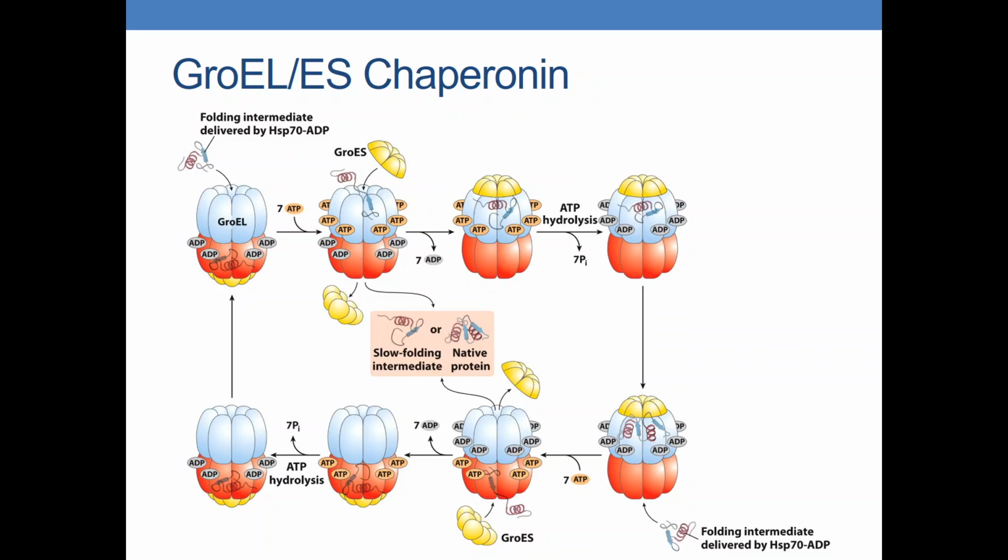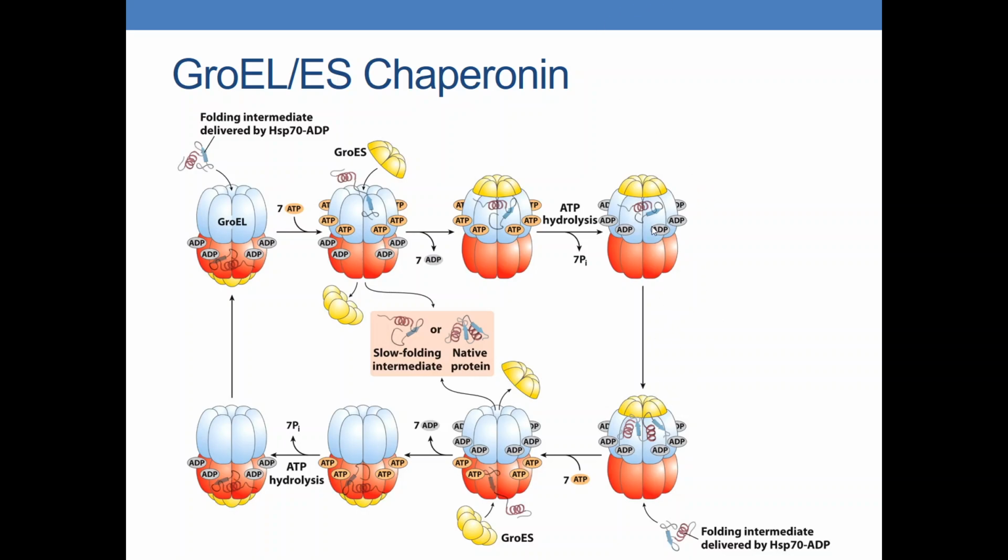And the idea is that by pulling on this misfolded substrate, you're applying stress that is hopefully going to denature it. So while in this hydrophilic chamber, the idea is that you are sequestering the unfolded protein away from the bulk cytoplasm, the crowded environment of the cytoplasm, and you're giving it a safe space to try to refold without interaction with everything that's going on in the cytoplasm.